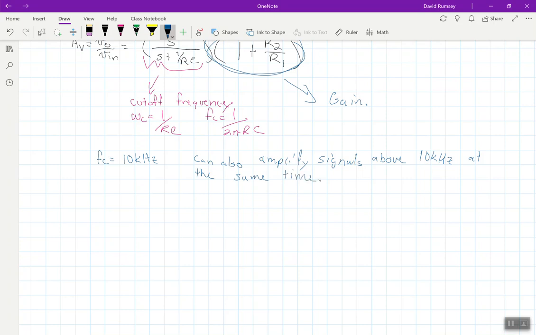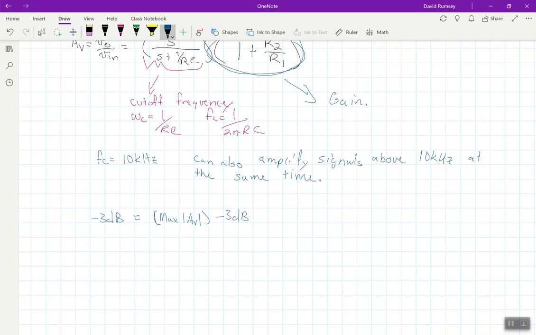Now, one final thing we should note here, if we're doing amplification, is that the minus 3 dB point is actually equal to the max of the voltage gain minus 3 decibels. So it's not necessarily negative 3 decibels.